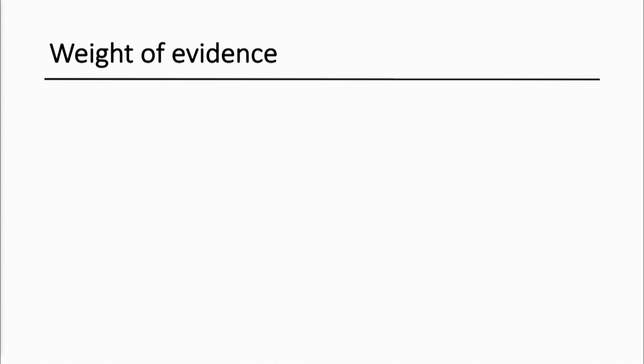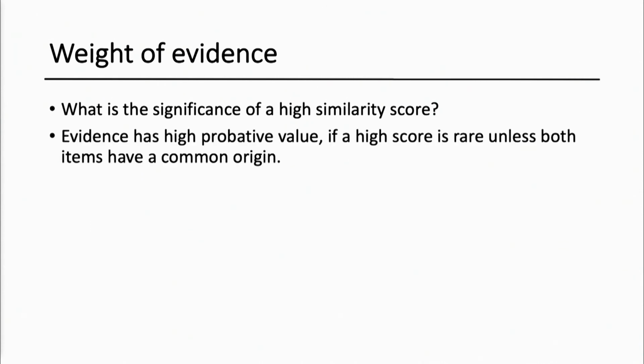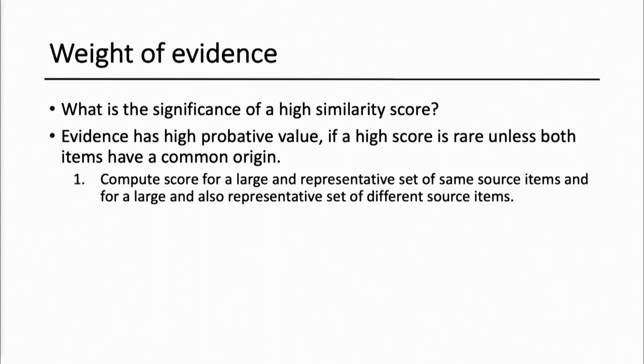So the issue of weight of evidence, and I only have 3 minutes, what is the significance of a high similarity score? Well, as we said earlier, a similarity score has probative value if a high similarity score is only observed among matches or among bullets fired from the same gun.